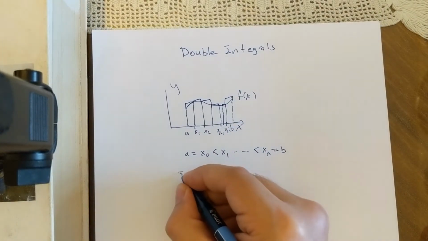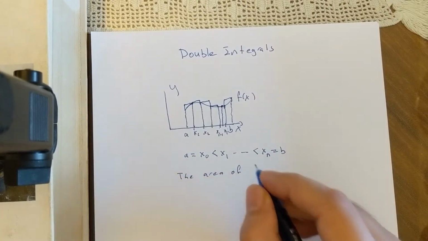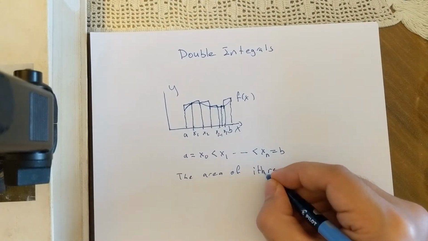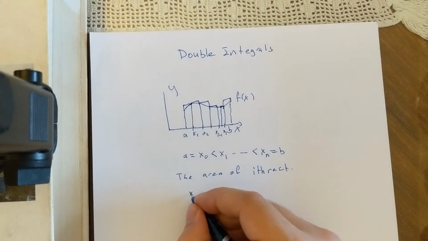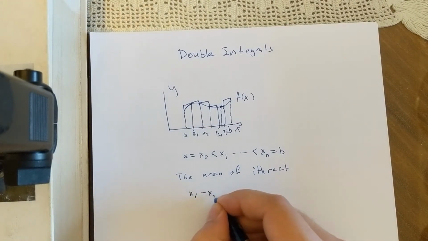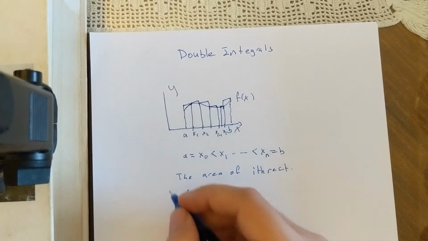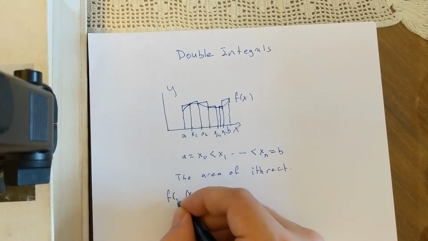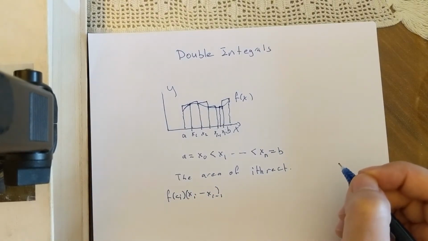So the area of the ith rectangle would be x sub i, the right hand point, minus x sub i minus 1, times the height of the function, and let's call that point f of c sub i, and that would be the area of the rectangle.